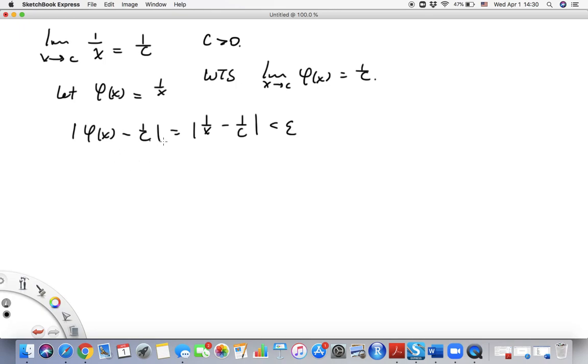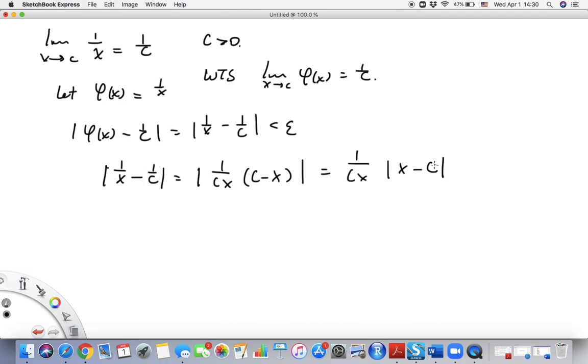So when is this less than epsilon? 1 over x minus 1 over c is equal to 1 over cx times c minus x, so this is 1 over cx times absolute value of x minus c.